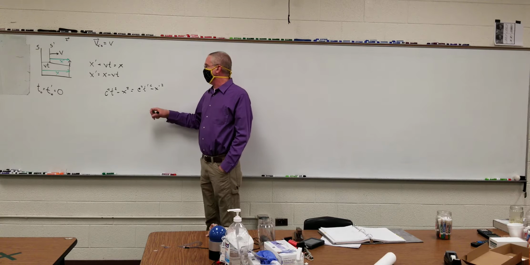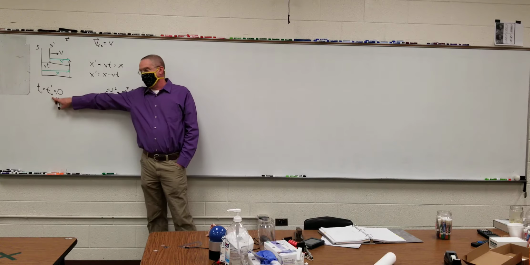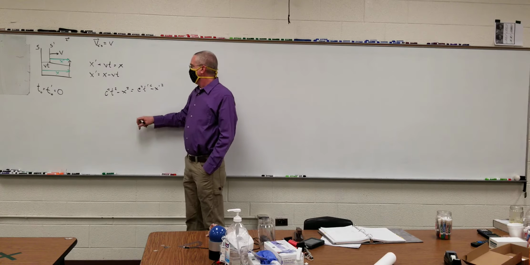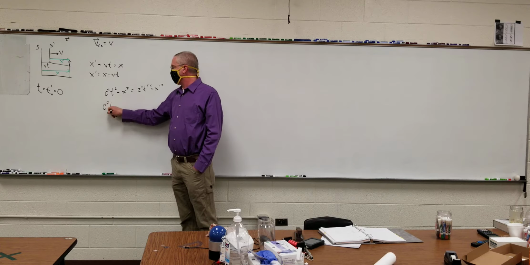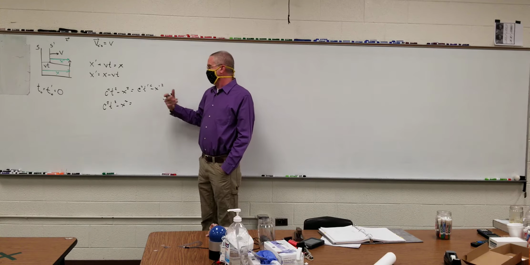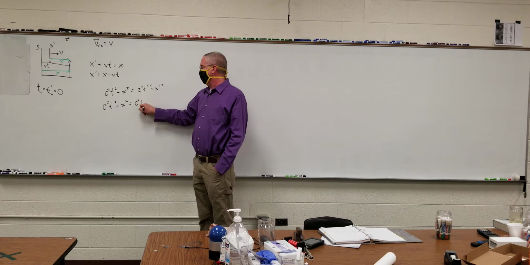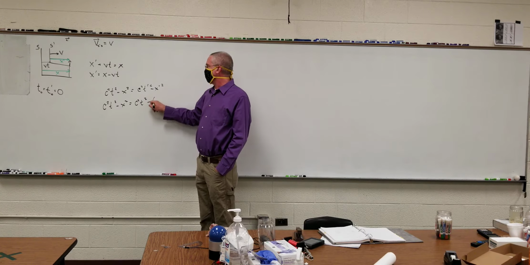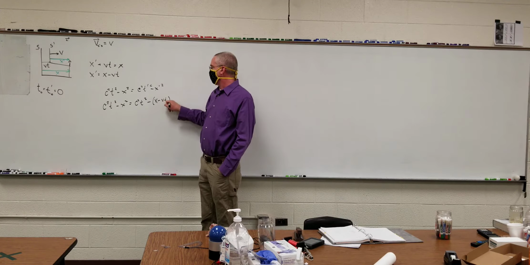And in Galilean relativity, not only can we synchronize them, but the times are always the same. So this becomes c squared t squared minus x squared. If Galilean relativity was compatible, this would become c squared t squared minus (x minus vt) squared.